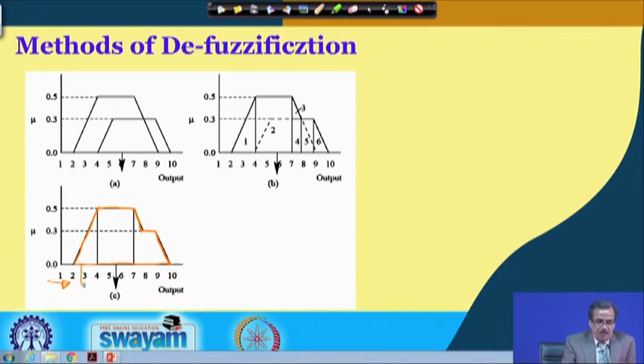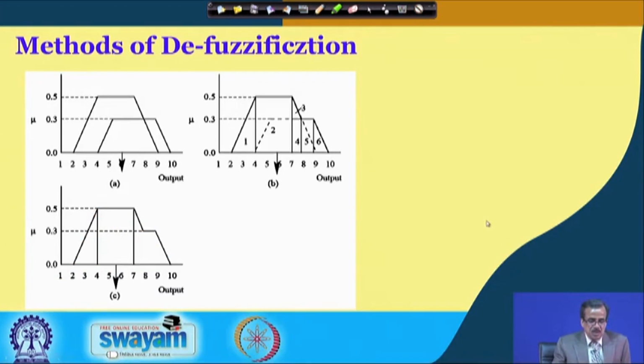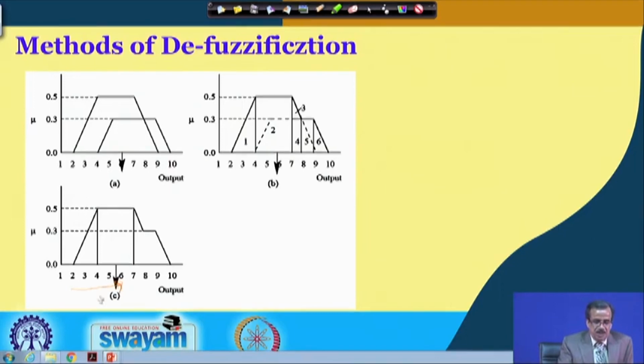So, if I am here, this is nothing but my mu. Now, if I am here, this is nothing but my mu. Now, if I follow this particular principle, starting from here and moving along this particular direction, the value of mu is going to vary, and corresponding to this particular value of the variable, I will reach the maximum value of mu, and after that it will remain constant.